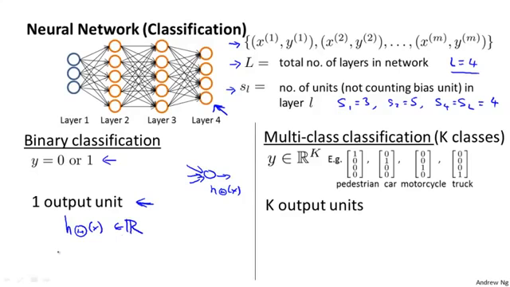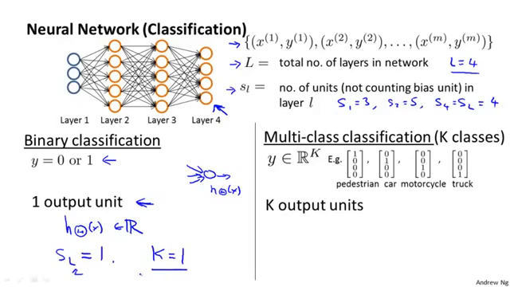In this case, the number of output units S_L, where L is again the index of the final layer, because that's the number of layers we have in the network, is going to be equal to 1. In this case, to simplify notation later, I'm also going to set K equals 1. So you can think of K as also denoting the number of units in the output layer.